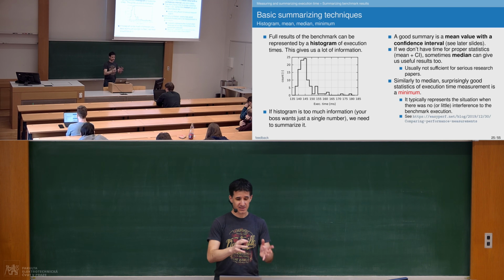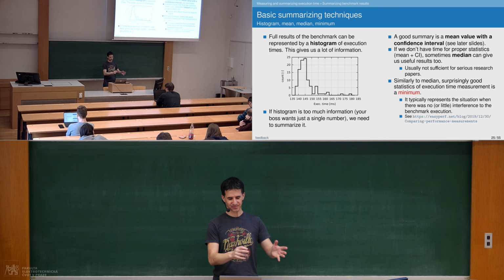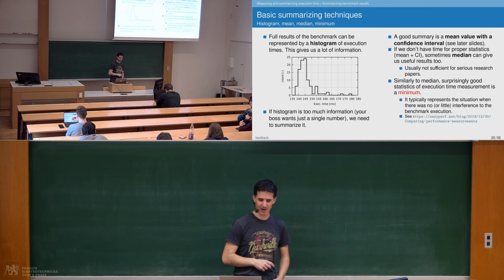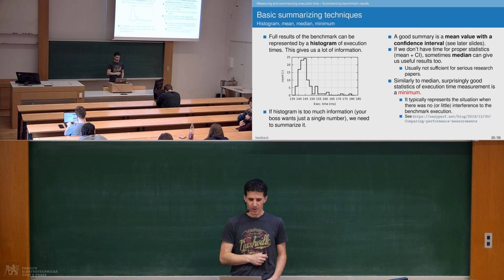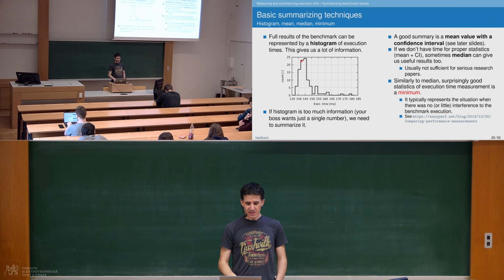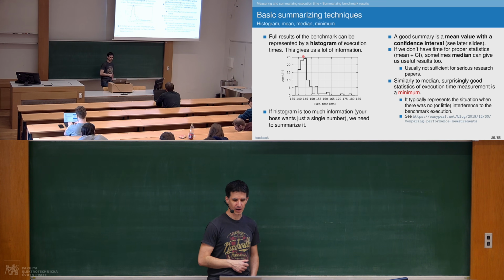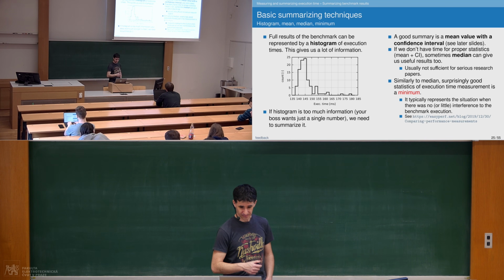So to some extent there is a trade-off between those things. If you blindly apply just a mean value, it might be that the mean value would be somewhere here, which is, as you can see, not a typical value of how your program executes.